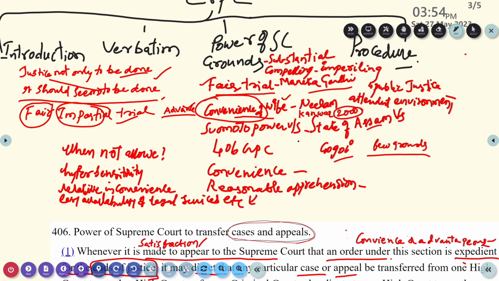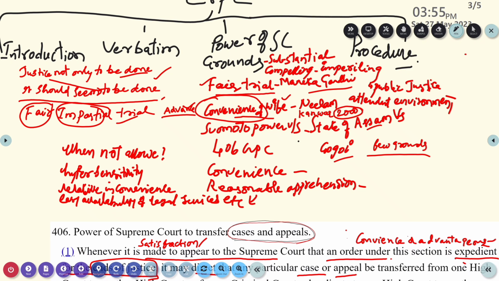In this case, the Supreme Court exercised its power suo motu. It is a power of 406 suo motu. That means in one SLP, the Supreme Court transferred the criminal case from one court to another court.